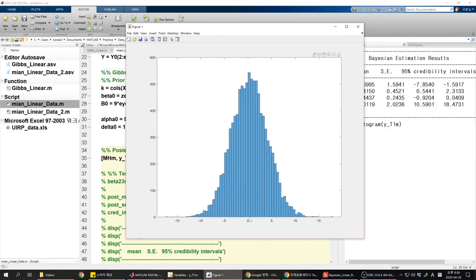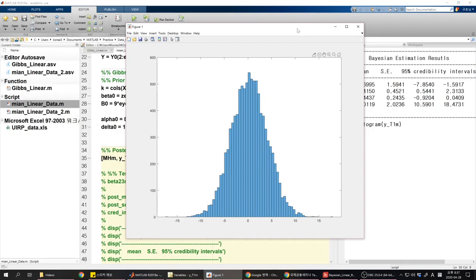So the expected depreciation rate is quite close to 0. Depreciation rate can range between -10 and +10, right? So after 1 month, the depreciation rate should be within this interval between -10 and 10. So the volatility was quite high.